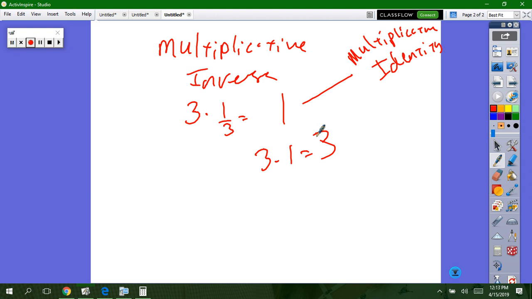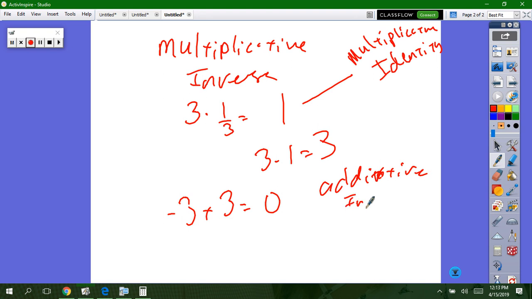We also had an additive identity and an additive inverse. So notice, if I use -3, what's my additive inverse? 3. And notice that gets to my additive identity. Notice, because if I went 3 plus 0, do I get back to 3?